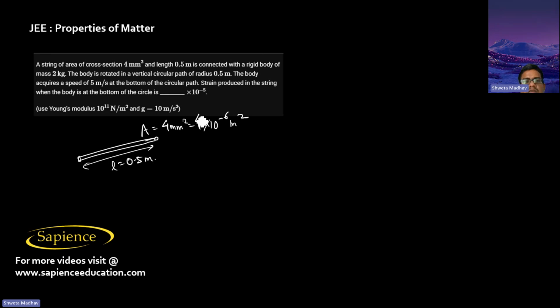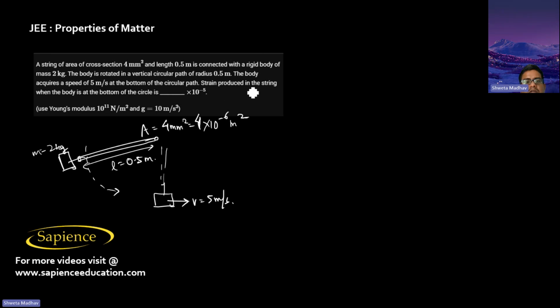It is connected with a rigid body of mass 2 kg, and it is rotated in a vertical circular path of radius 0.5 meter only. The body acquires a speed of 5 meter per second at the bottom of the circular path.